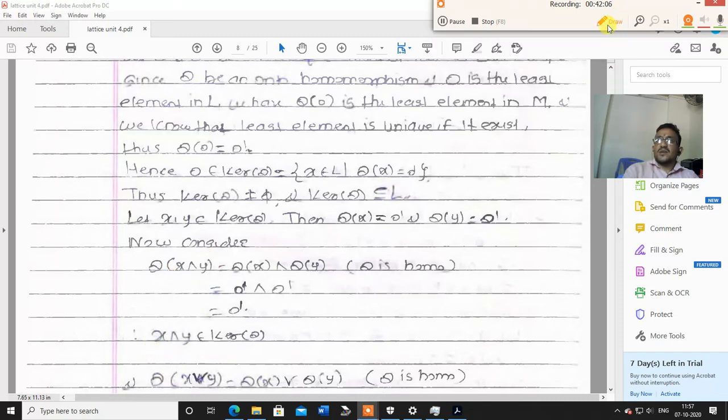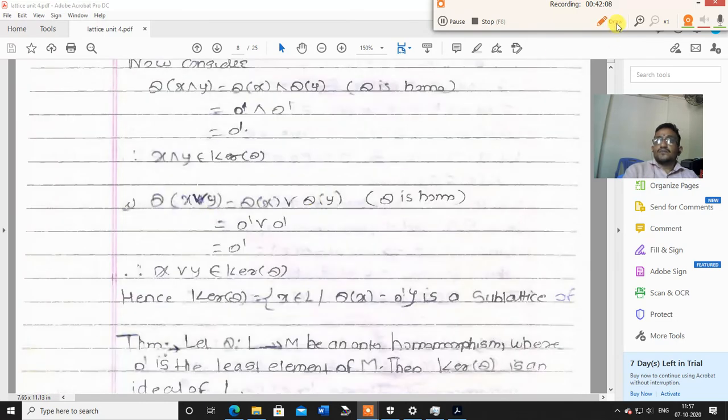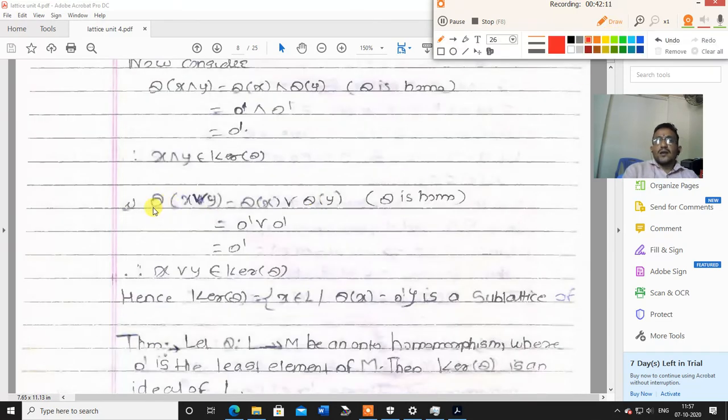Similarly, we can show this for join. Here, theta of x join y, since theta is a homomorphism, is by definition theta of x join theta of y. What is theta of x? 0 dash. And theta of y? 0 dash. Therefore 0 dash join 0 dash is equal to 0 dash. This shows that the image of x join y is 0 dash, so x join y is an element of the kernel of theta.